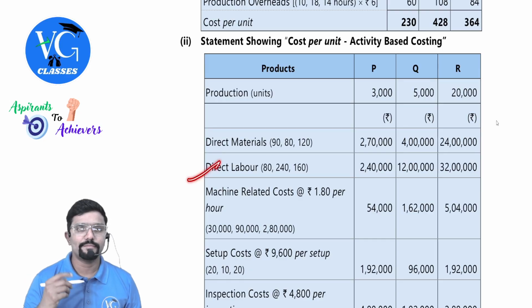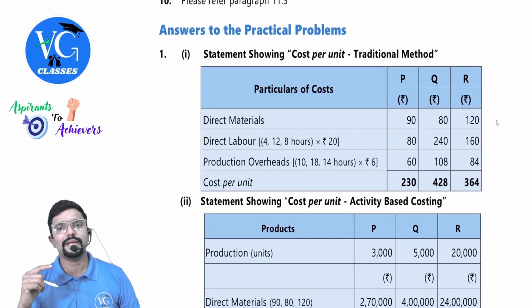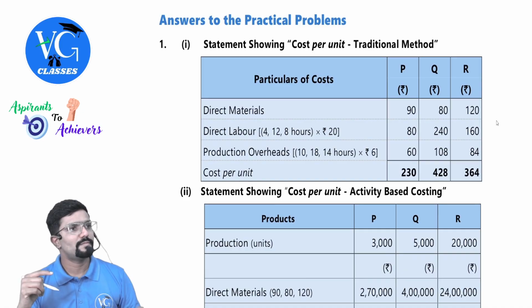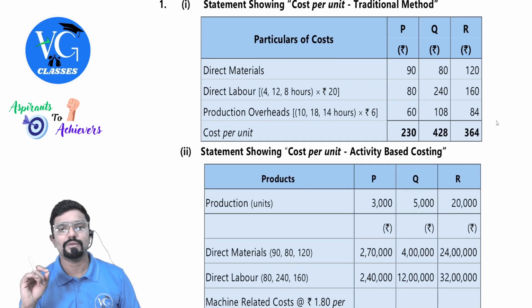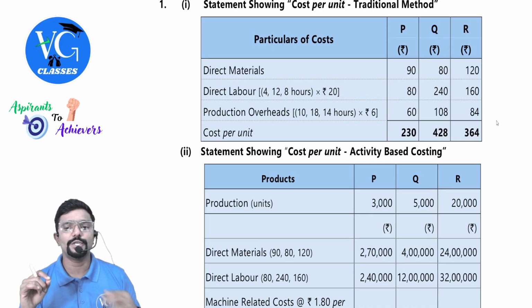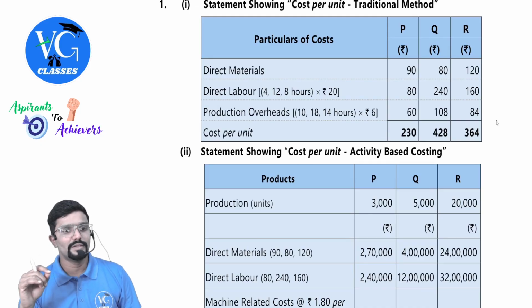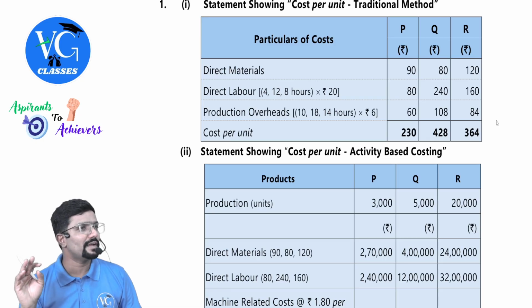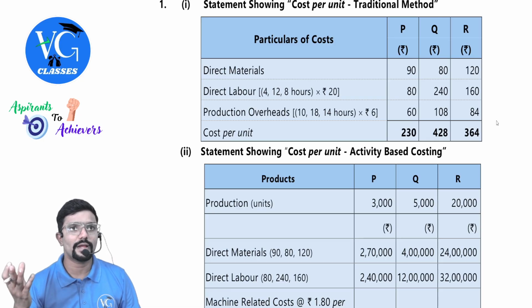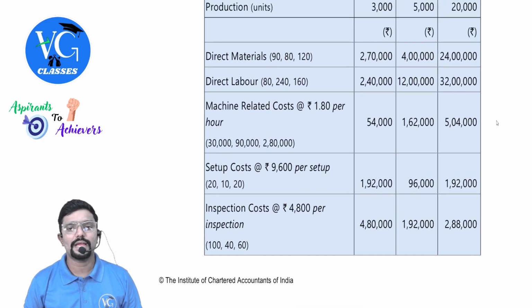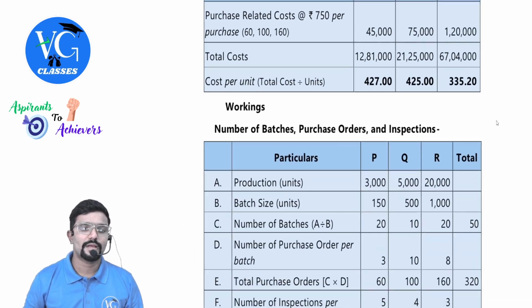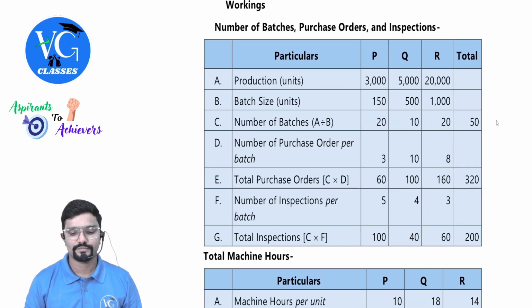Even for direct labor, we already have per unit. Multiply with the units: 80 into 3000, 240 into 5000, 160 into 20,000. The production overhead also will be multiplied like that? No. We are under activity-based costing. We have to do the distribution based on activity. Come to the working first.